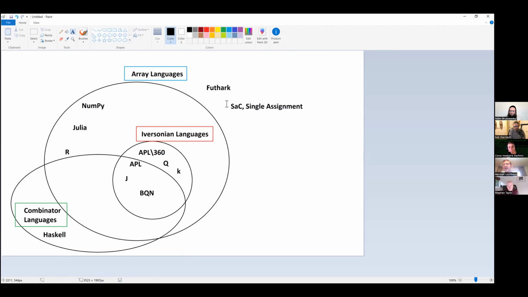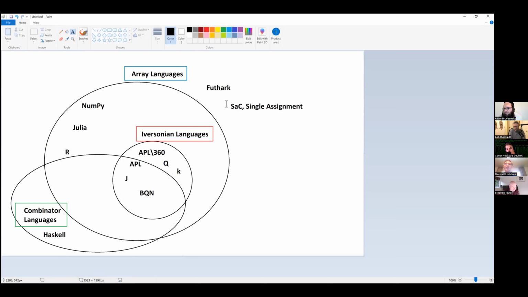Like Julia, if you just ask for an array, you're going to get a one-dimensional one, right? That's the default. So I might even say that Q and K are Iversonian, which is the category that I've been calling array languages. But they don't fit into this other category, depending on how strict you are about the boundaries.